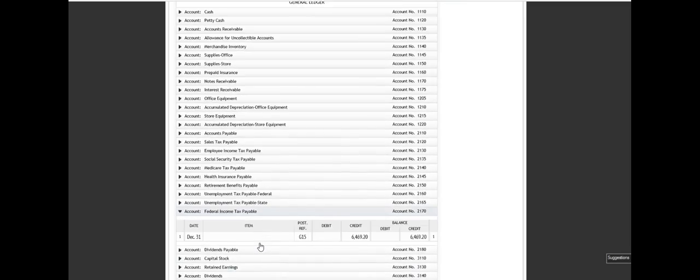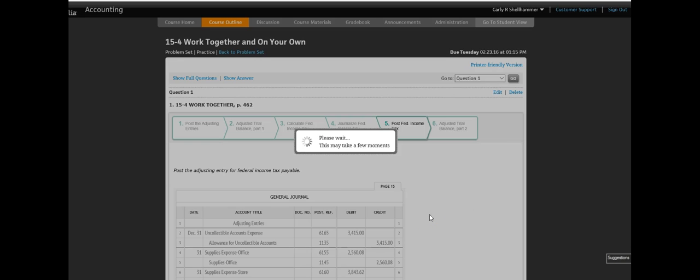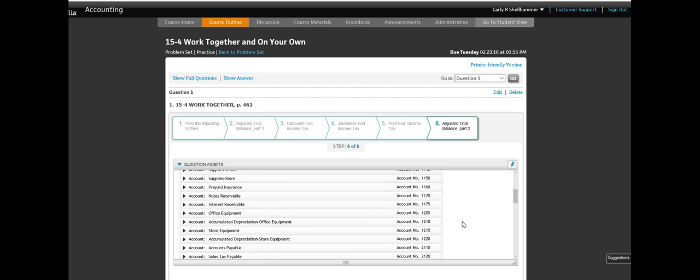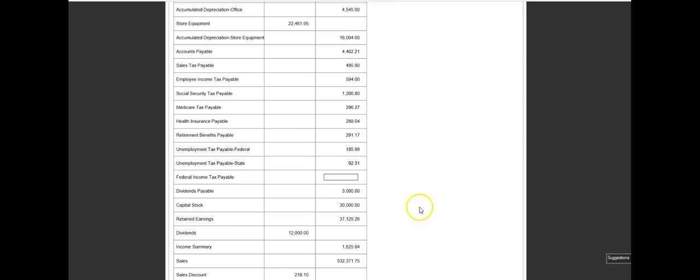Post the adjusting entry. Yep. Okay, check. Adjusted trial balance, part 2. Now we need to add in federal income tax payable. 6420.